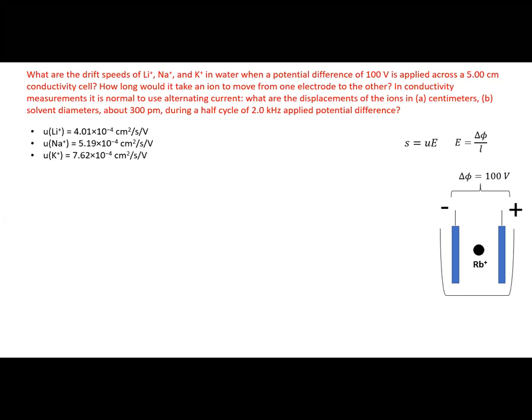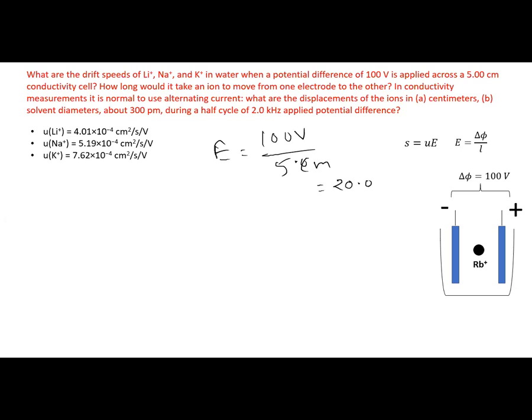So that should be a straightforward one. If you calculate E first, which is 100 volts over 5 centimeters, this will give us 20 volts per centimeter. And you can calculate the drift speed for all of these.